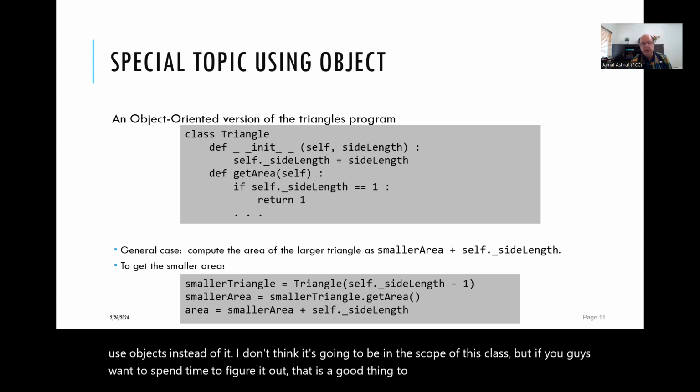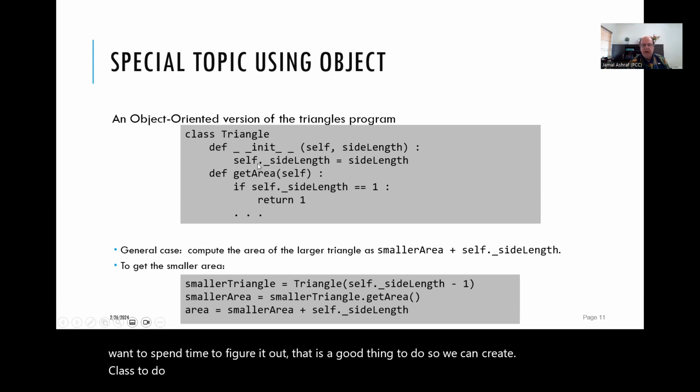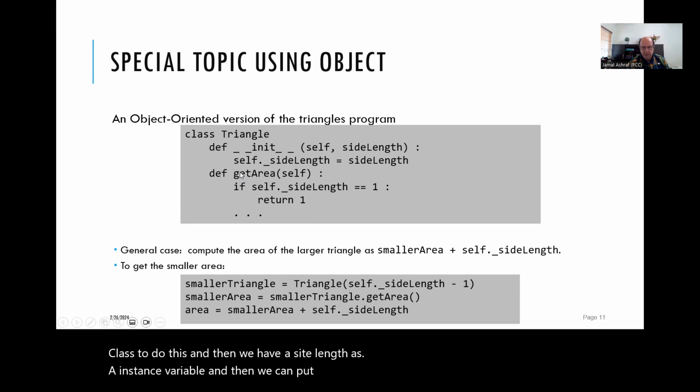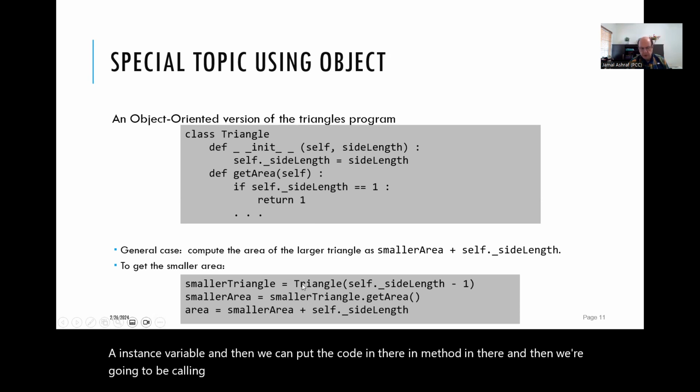So we can create a class to do this, with a side length as an instance variable, and then we can put the code in a method in there, and then we're going to be calling the object instead of calling the method.